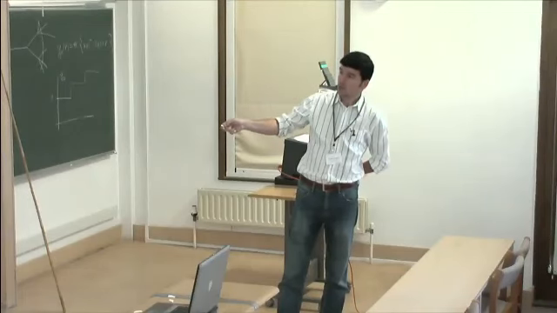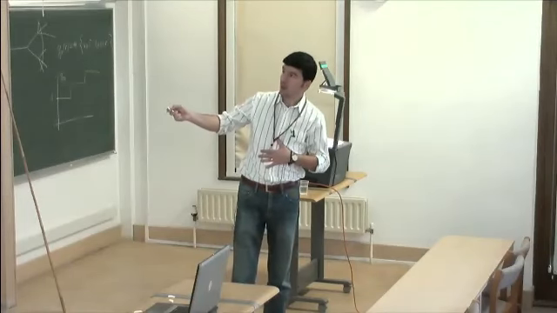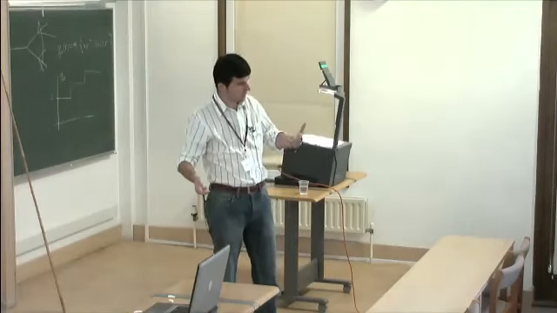And the optimality condition here, the first order optimality condition, would imply this relation between FV and the known displacement and forces, and this in turn will give, when plugged in again in the expression for Q, the result that indeed you can build a network for any balanced system of forces F0, F1, F2, F3.